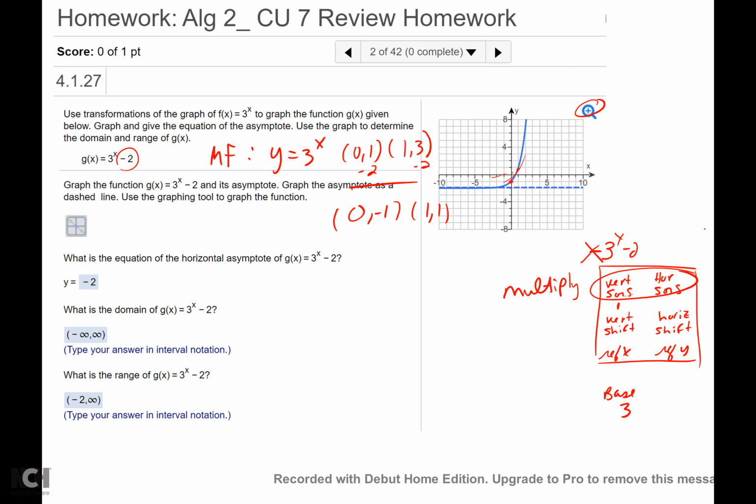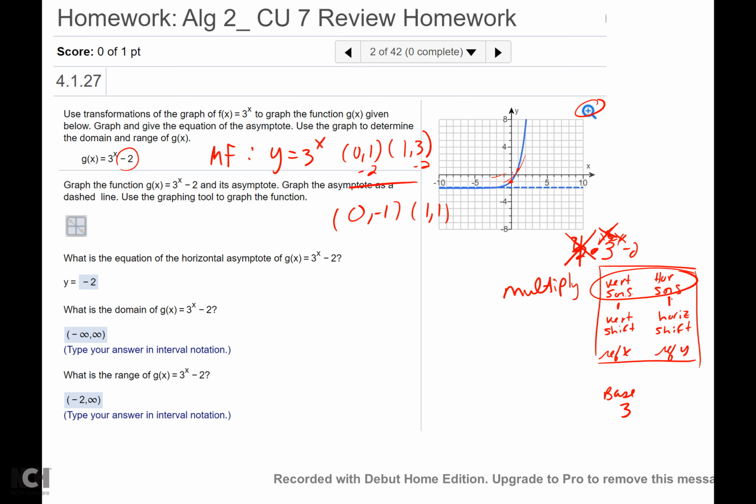Horizontal stretches or shrinks would be something like 2 times something, or 3 times something, or 4 times something. If there was something being multiplied by that 3 to the x, that would be your vertical stretch or shrink, but there's nothing there. To have a horizontal stretch or shrink, you'd have to be multiplying x by something like 2x, or 3x, or 5x, or 12x. But there's nothing touching x, so there's no horizontal stretch or shrink.